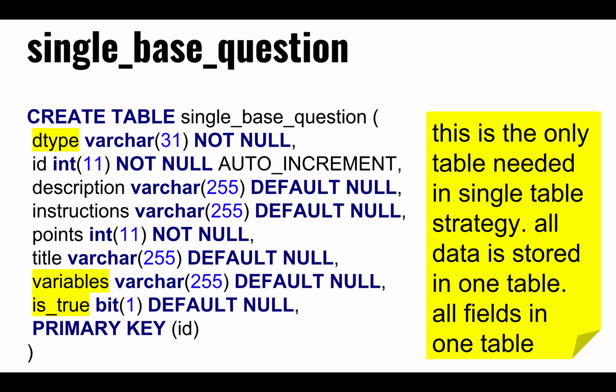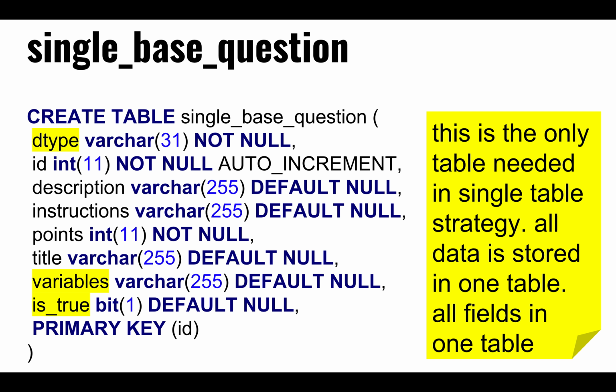Now we need to be able to distinguish whether we're inserting a true/false question or a fill-in-the-blank question. If it's a true/false question, we probably won't have a value for variables, so that's going to stay null. And if we insert a fill in the blank, we're going to have values for the variables, but the is true probably is going to be null.